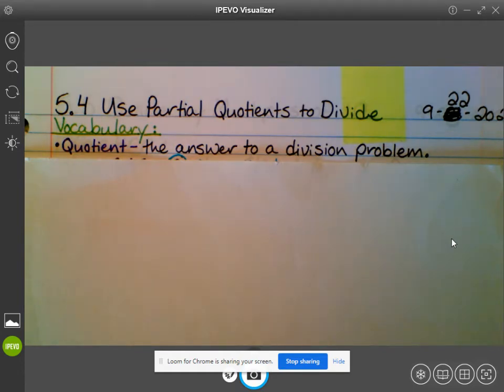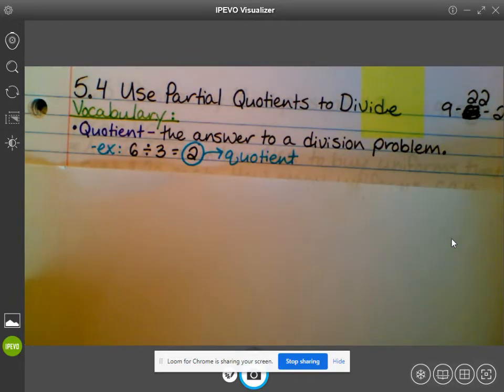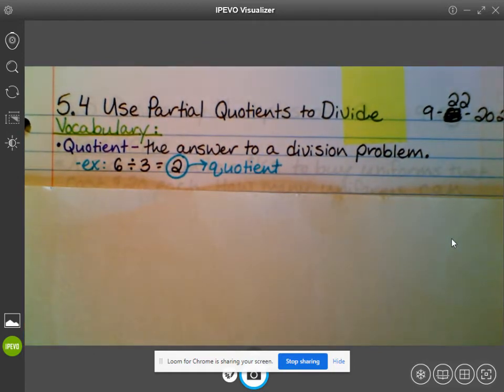All right. You guys are doing great. Thank you. Okay, so quotient, the answer to a division problem. So if I look at my example here, if we take 6 and divide it by 3, we get 2. That is our quotient. That is the answer to that division problem. 6 divided by 3 equals 2, and 2 is our quotient.